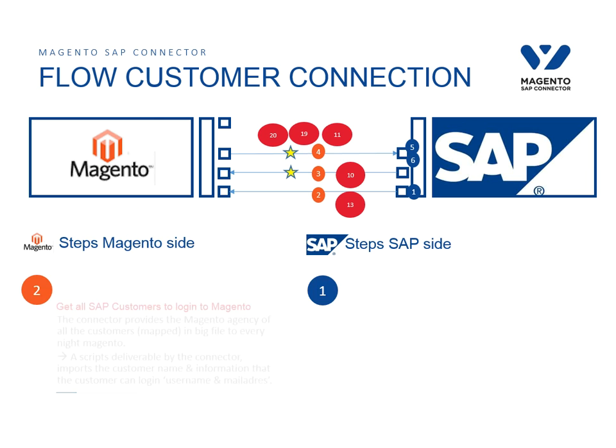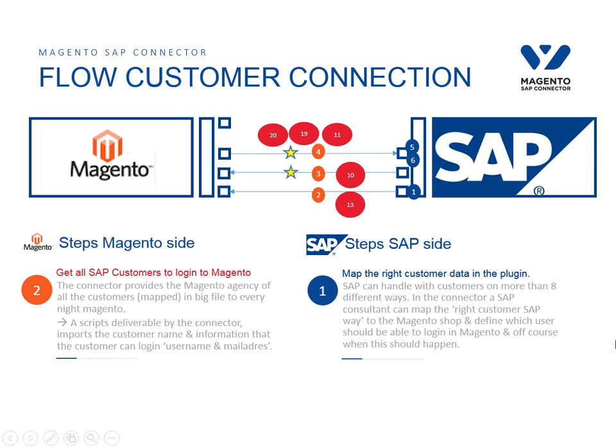The flow is to start with the Magento, the SAP connection side, is that in SAP there are like 8 possible ways to store customer data.